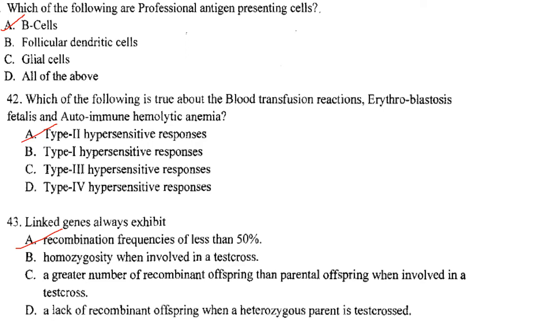Answer is B cells because classical antigen presenting cells or professional antigen presenting cells include dendritic cells, macrophages, Langerhans cells and B cells. Follicular dendritic cells are specialized types of antigen presenting dendritic cells that are largely restricted to lymphoid follicles. So the answer here is option A, that is B cells.